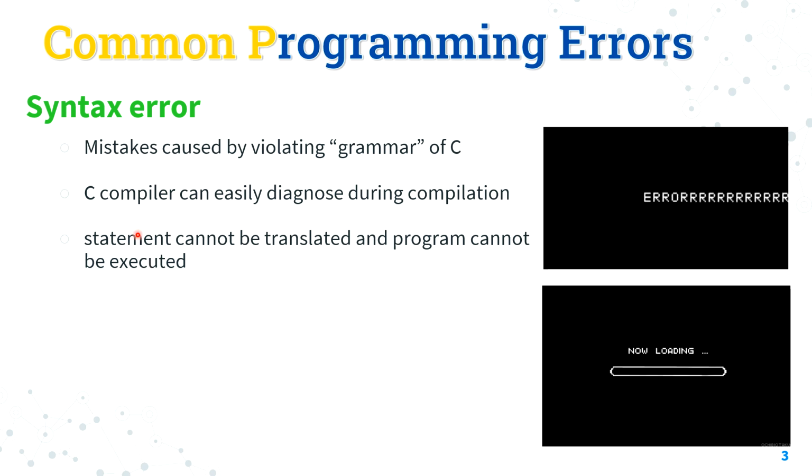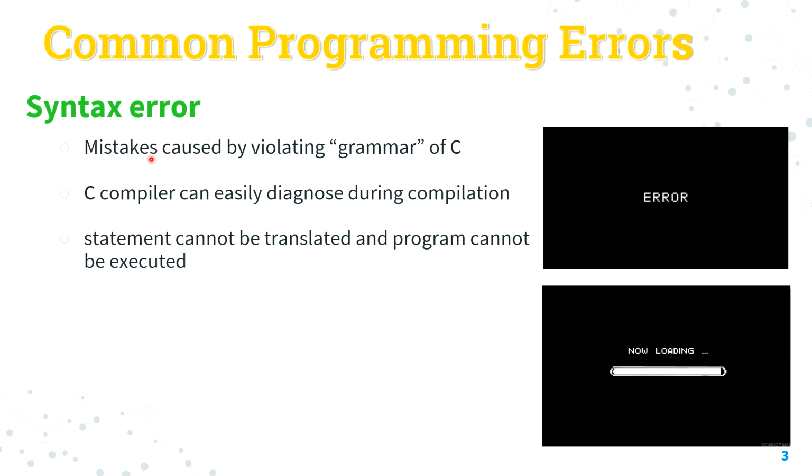Our first category is the syntax error. Think of programming languages just like human languages. As we have rules for our language, so do programming languages. Syntax errors are mistakes caused by violating the grammar of C. The great news about syntax errors is that the C compiler can easily diagnose them during compilation.